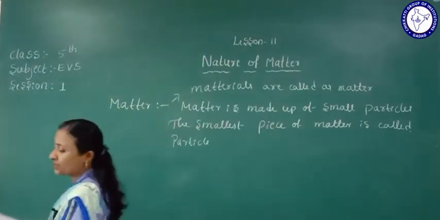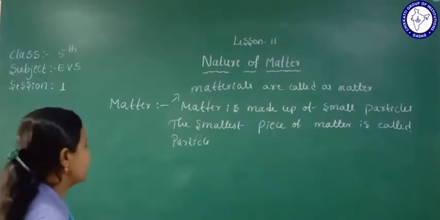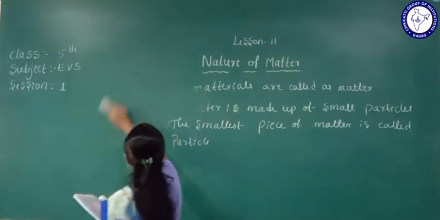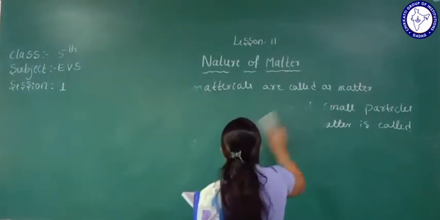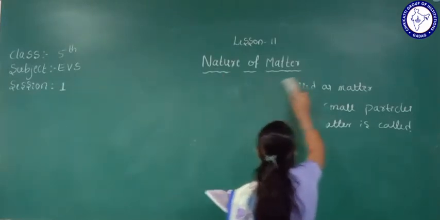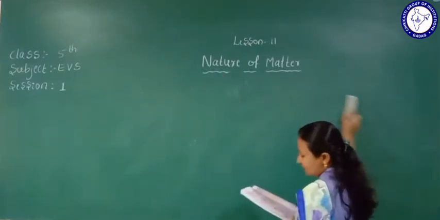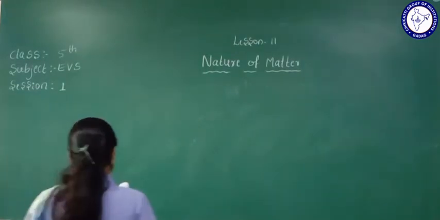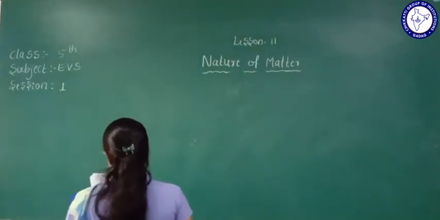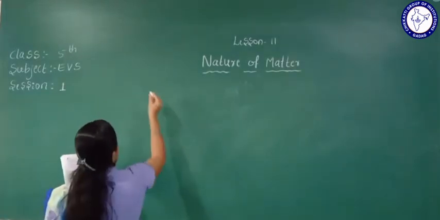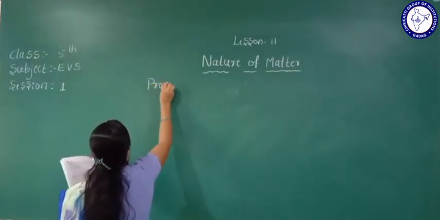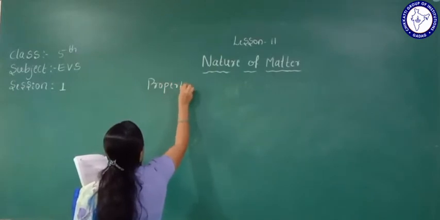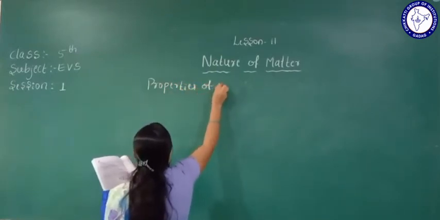What are the properties of matter? They are mentioned here. There are two properties of matter. Which are those? Matter occupies space, and also matter has mass. These are the properties of matter.